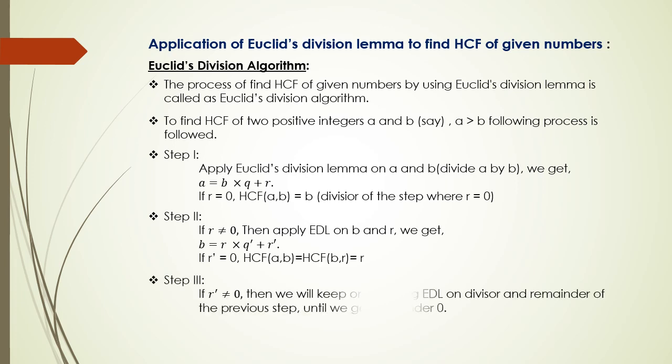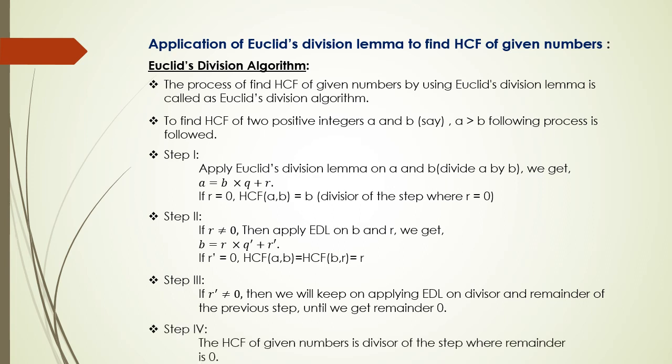But if the remainder is not equal to 0, that is if r dash is not equal to 0, then we have to continue this procedure. Again we apply Euclid's division lemma on the divisor and remainder of the previous step, that is r and r dash, and we keep on doing the same procedure until we get remainder 0.